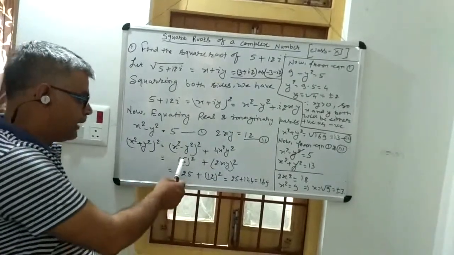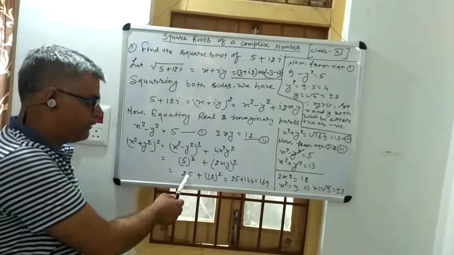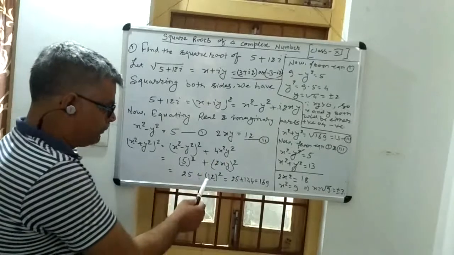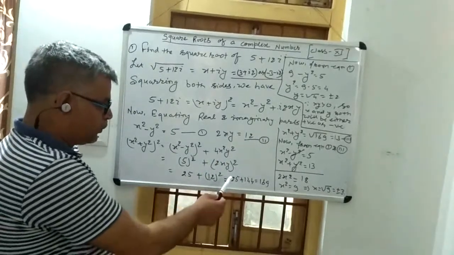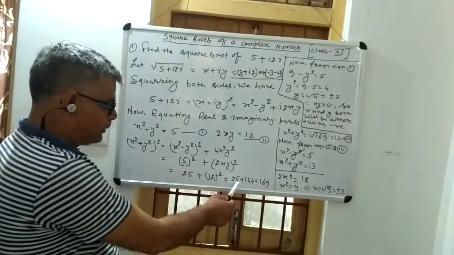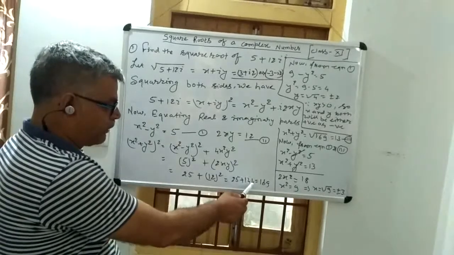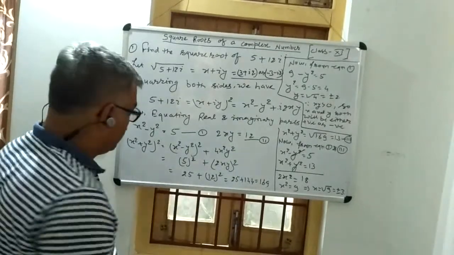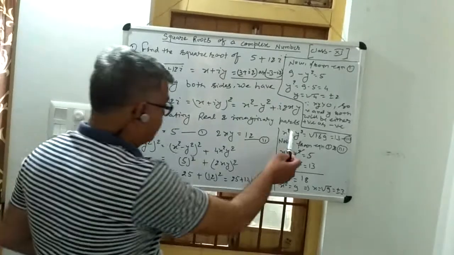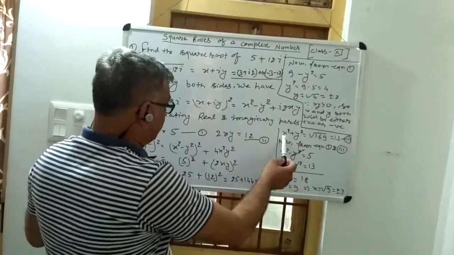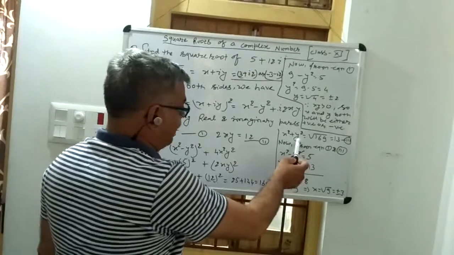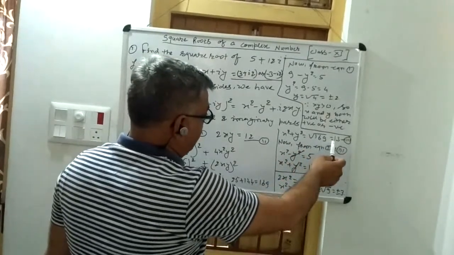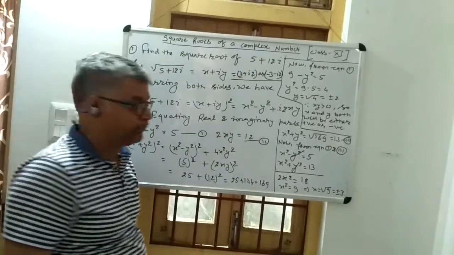After putting the values, 5 square is 25, plus we know 2xy equals 12, so 12 square. On further solving, it will be 25 plus 144, that is equal to 169. So our next step is to find the value of x square plus y square, which is the square root of 169, that is equal to 13.